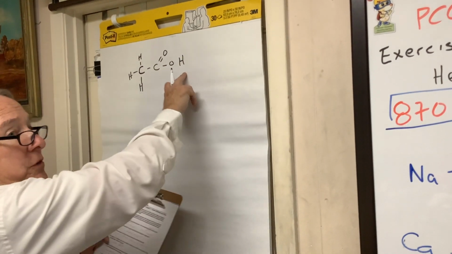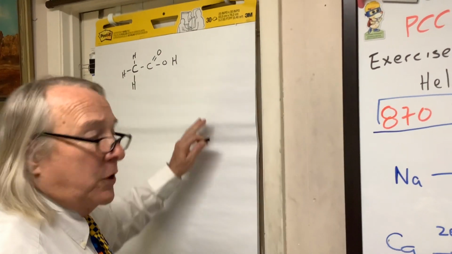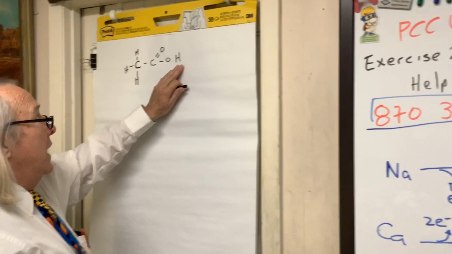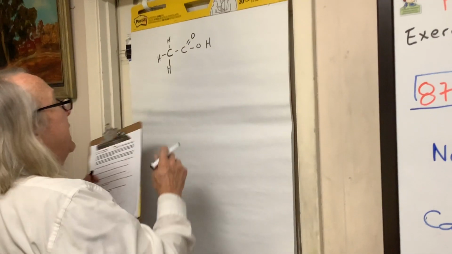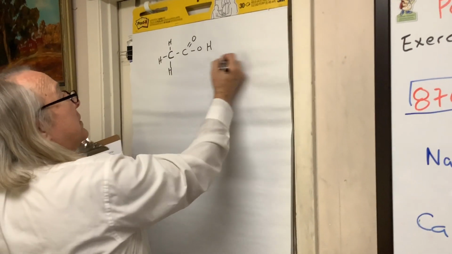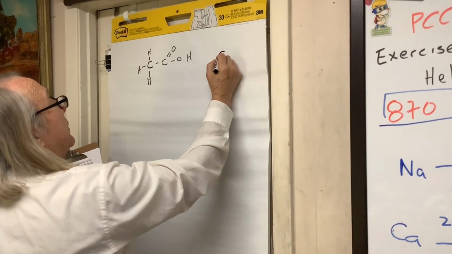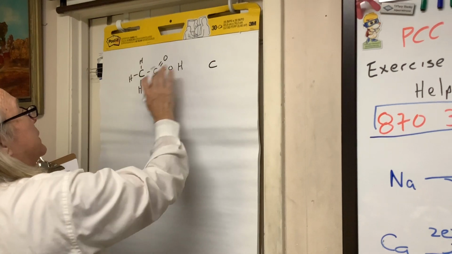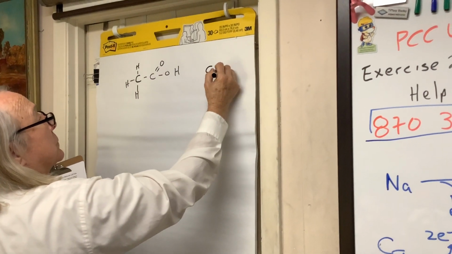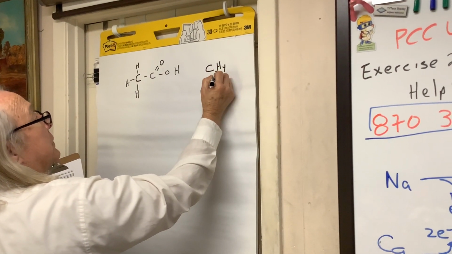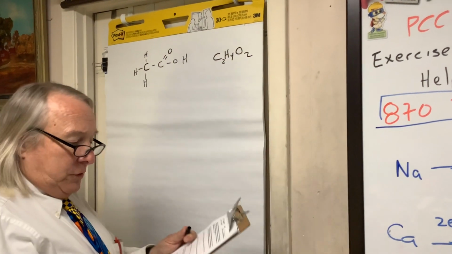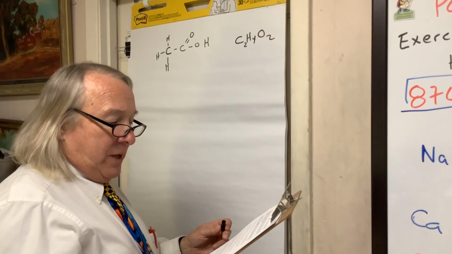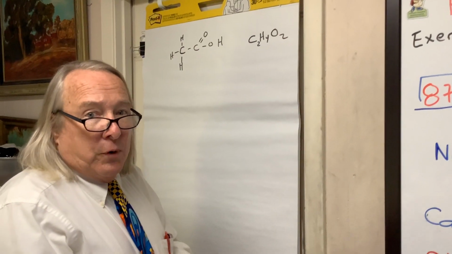And this H is the H that comes out, the H that we talk about when we talk about pH, that makes this an acid. And that's its structure. But its formula would be what? 1, 2, 3, 4 hydrogens, 2 carbons, and 2 oxygens. That's a chemical formula.